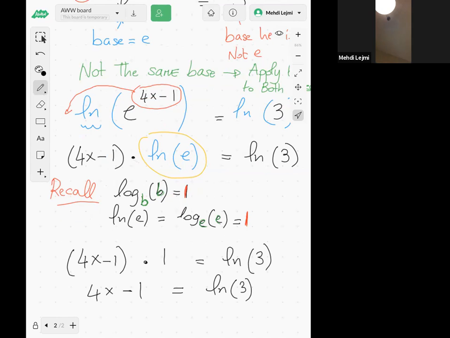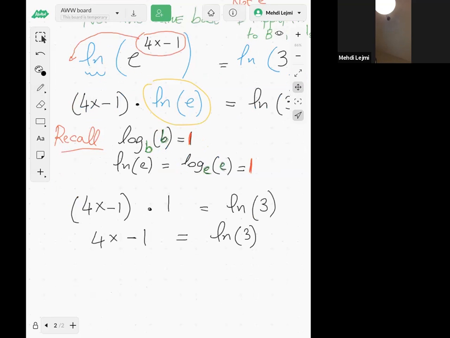Again, natural log of e, if you use the calculator, there'll be some decimal. I think it's 1.098 or something. Now I'm going to solve for my x. All I have to do is add 1 to both sides.